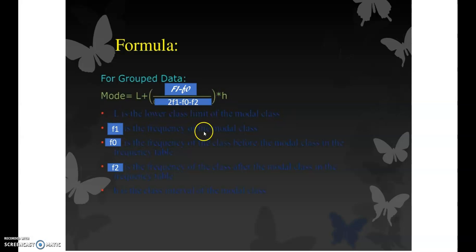Then F1 is the frequency of the modal class and F0 is the frequency of the class before the modal class in the frequency table. Then F2 is the frequency of the class after the modal class in the frequency table. Then H is the class interval of the modal class. So this is the formula for grouped data.